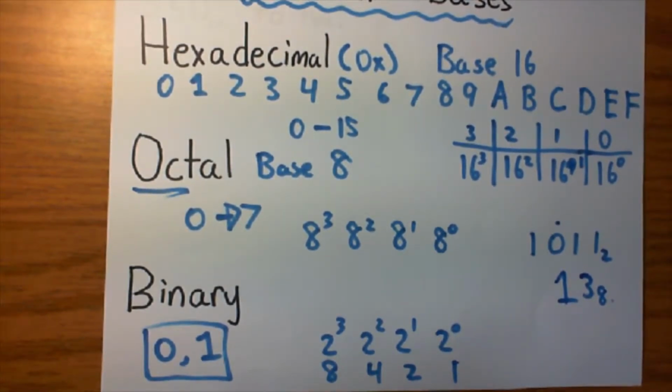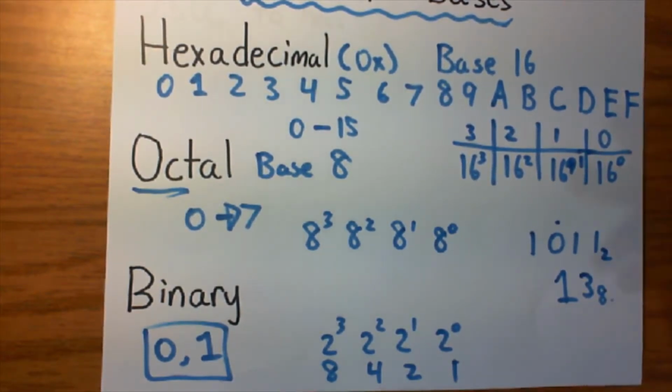Now, I think it's easier to convert from binary to hexadecimal as well, so we're just going to do it that way. You need another digit for octal, and I'm not super confident with my abilities with octal, so we're just going to convert this binary value 1011 to hexadecimal. So this is 0 to 15.